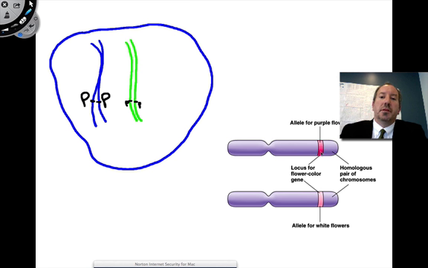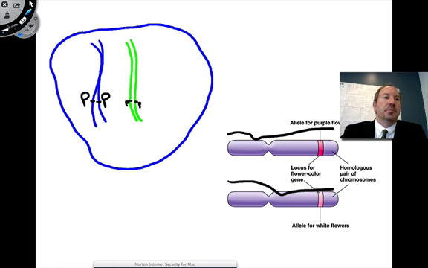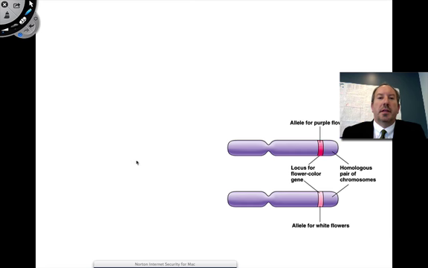This only has one piece; I could draw the other sister chromatid, but this particular plant is hybrid. It has purple and it has white. And when you put both of those together, Mendel wrote in his documents that one allele dominates over the other one. This is capital and this is lowercase. I just wanted to establish that.